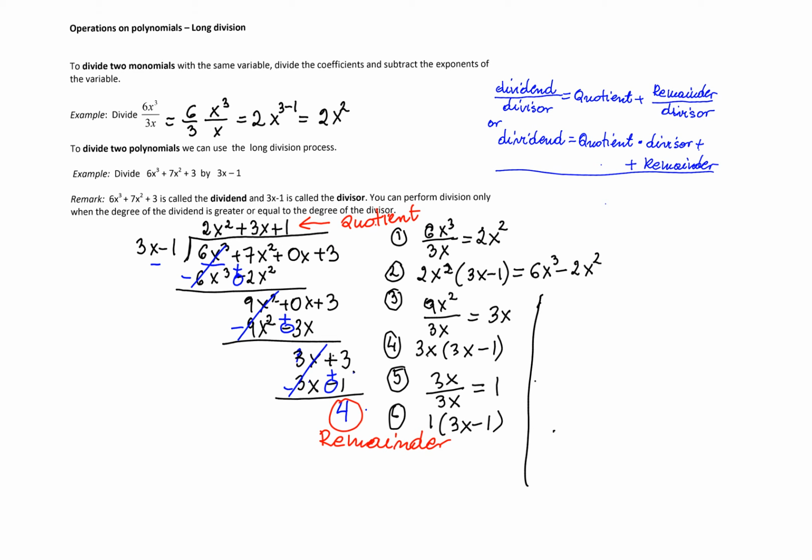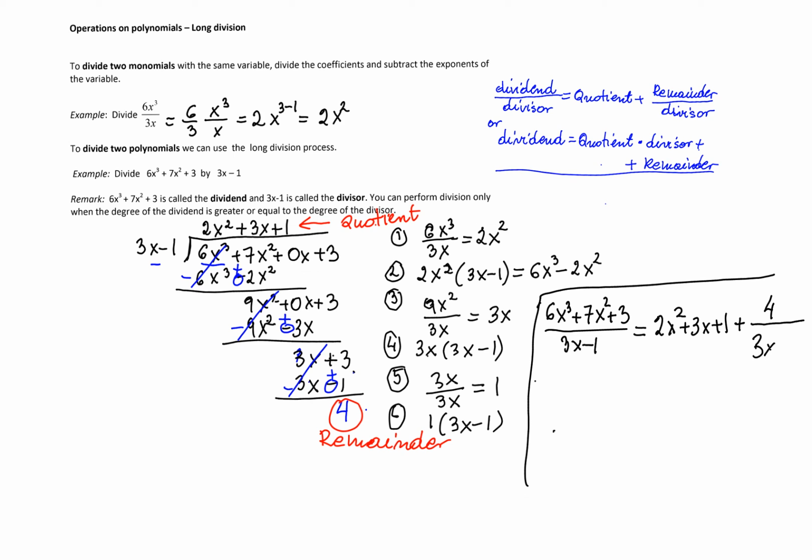So let me put here the answer of the division. The dividend is 6x cubed plus 7x squared plus 3 over the divisor, which is 3x minus 1, and that is the quotient, which is 2x squared plus 3x plus 1, plus the fraction. The top is the remainder, which is 4, and the bottom is 3x minus 1.